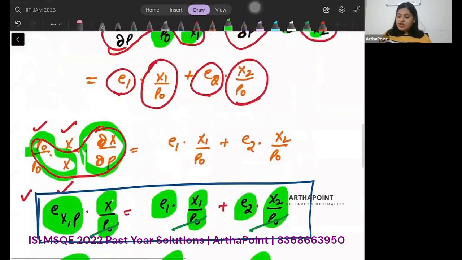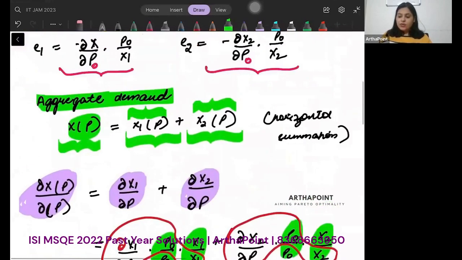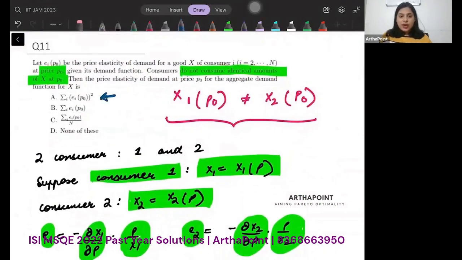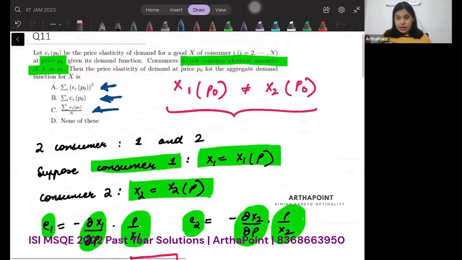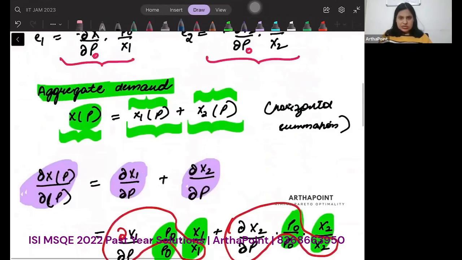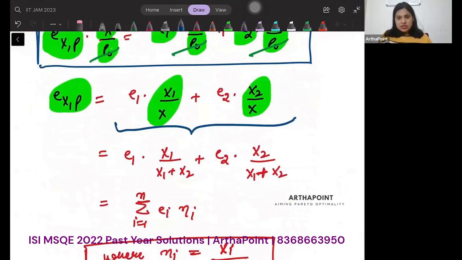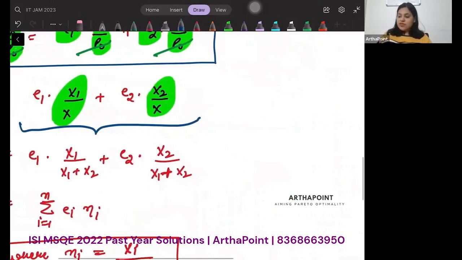If I just go back and look, this tells me it is the summation of the elasticities of individuals by n. Now, had it been the case that x1 and x2 were identical, suppose in the question they would have said that x1 is equal to x2, then it would have been simple.